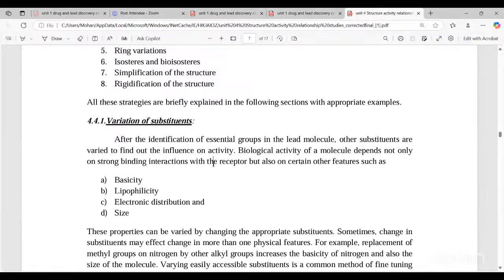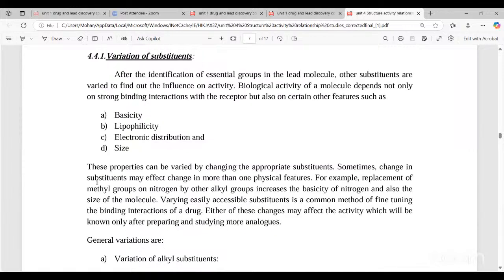So these are the main factors. These properties can be varied by changing the substituent, and a substituent change may affect more than one physical feature.